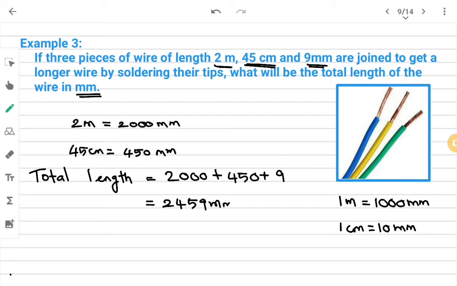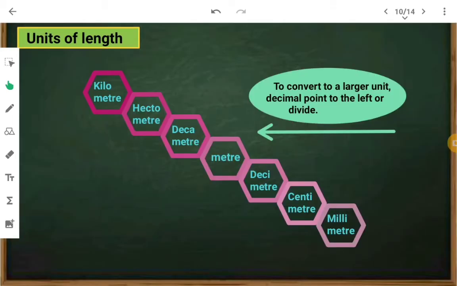No, millimeter, right? They asked to give it in millimeter only. Is it right? Yes. So if you join these 3 wires, you will get 2459 millimeter. Okay, fine.